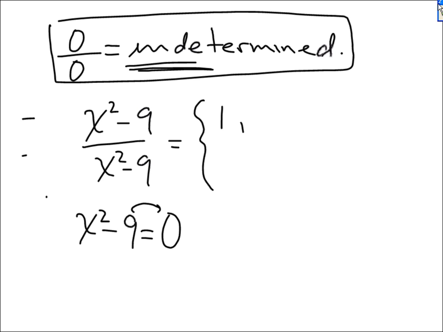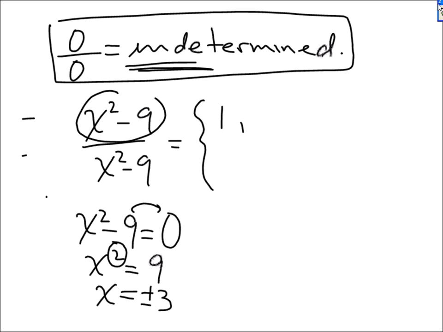Now if you bring the 9 over as positive 9, you get x squared equals 9. Look for as many as 2 answers. x would be plus or negative 3. Okay, so if x is plus or minus 3, the top would be 0, and so will the bottom.